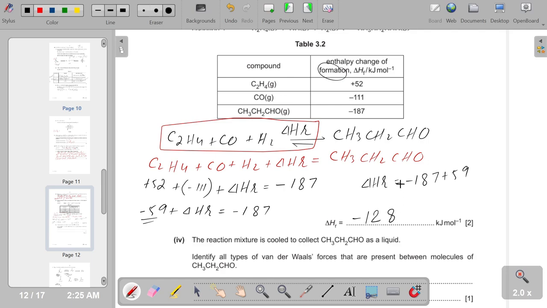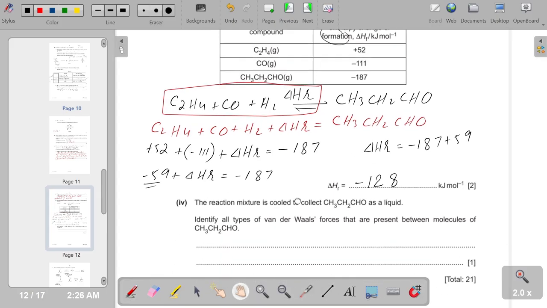People make you confused, I know that. So simply, on the reactant side, add them together like this: C2H4, CO, then H2, plus this delta HR equals your product. Then with their values, you can simply figure out the answer.